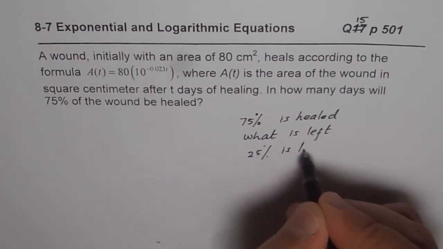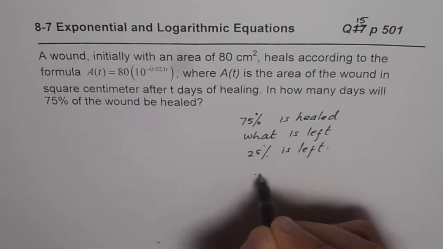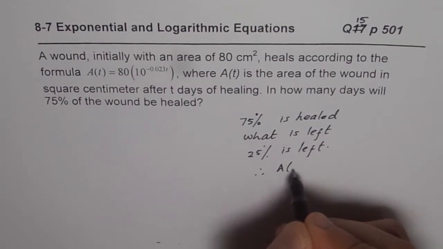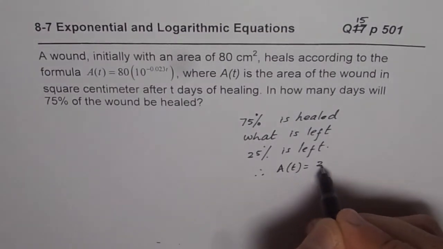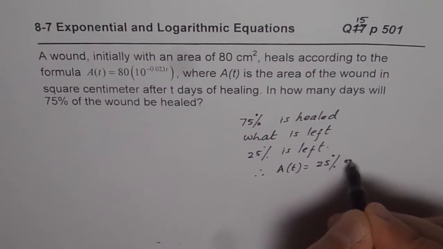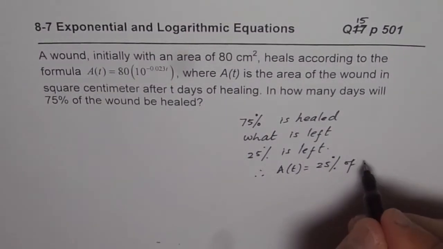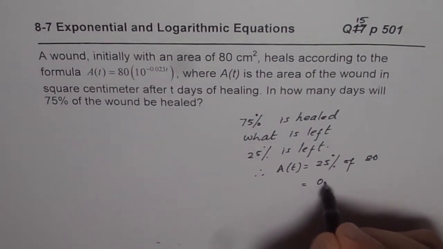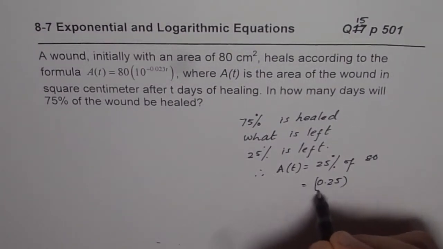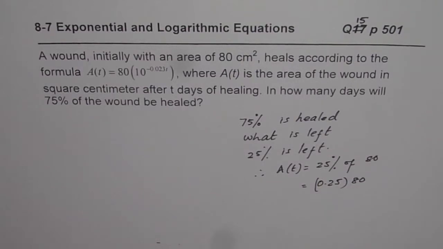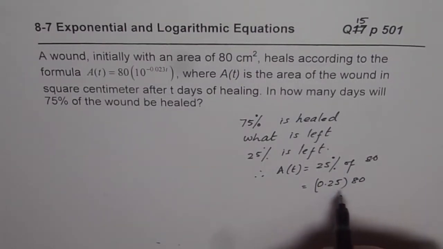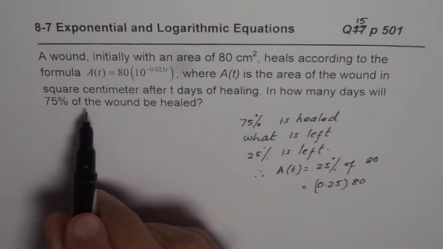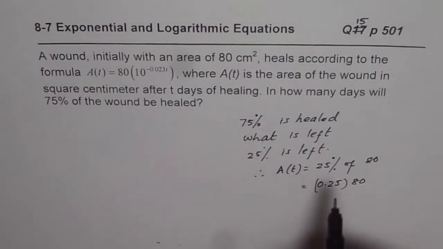25% is left. And therefore, A(t) should be equal to 25% of the starting 80 cm². Do you agree? So that is 0.25 of 80. So this is the starting value which you have to manipulate, right? 75% has been healed, so 25% is left, okay?